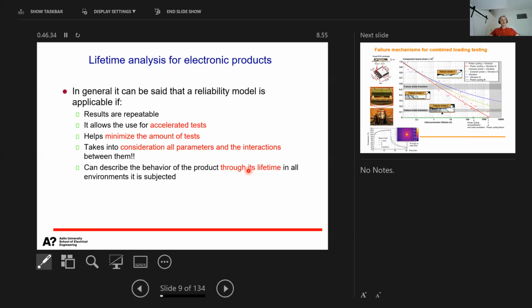application-specific things. If you are thinking about, let's say, an autonomous vehicle going into the mines, so down there underground, the temperatures might be quite high. The humidity would be quite high.